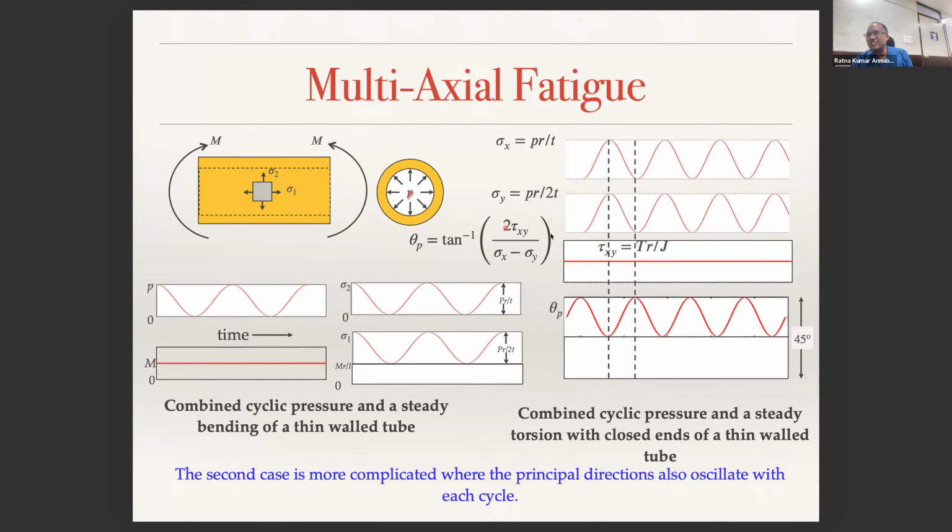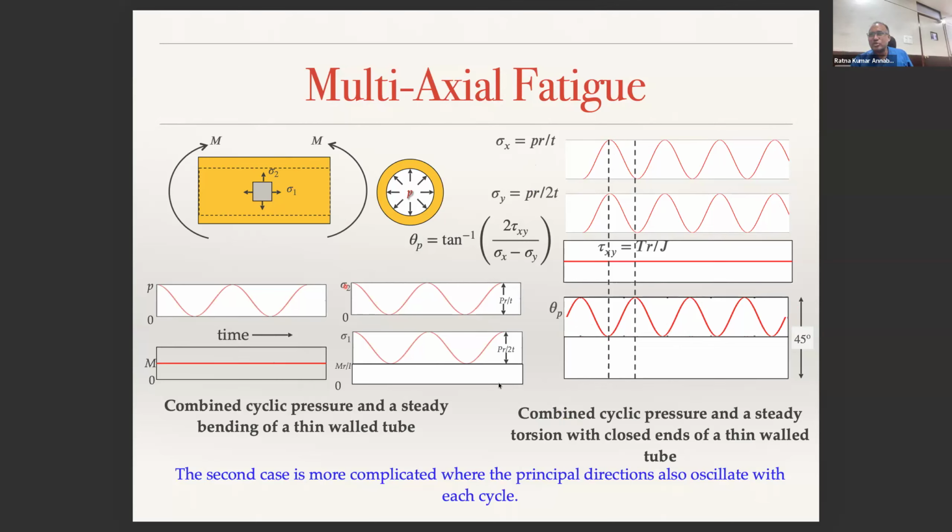The shear stress is constant, but sigma x and sigma y are changing in a sinusoidal manner, and hence your theta p is also oscillating. This adds additional complexity because your principal directions are changing.